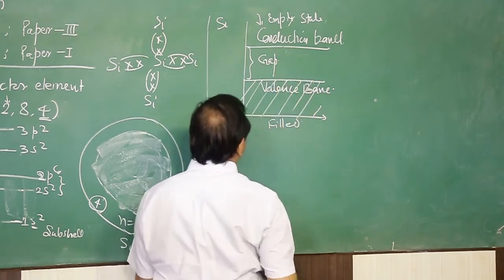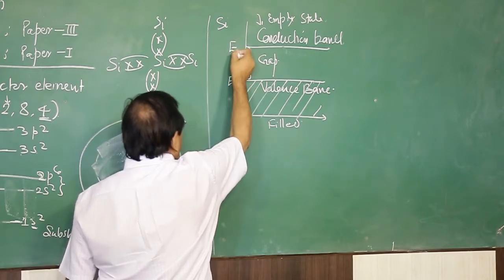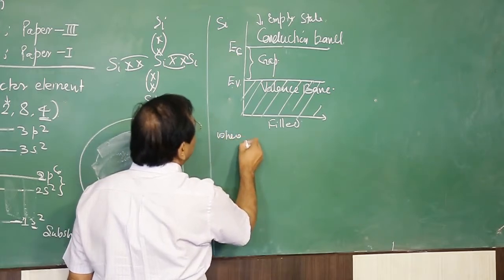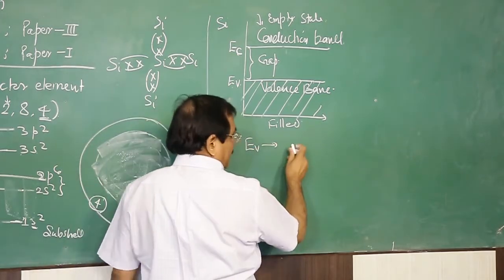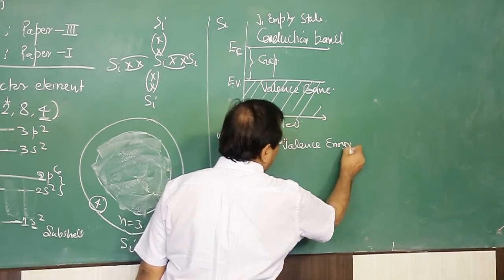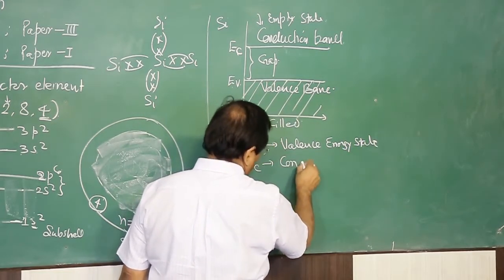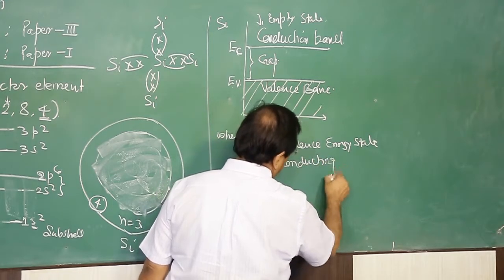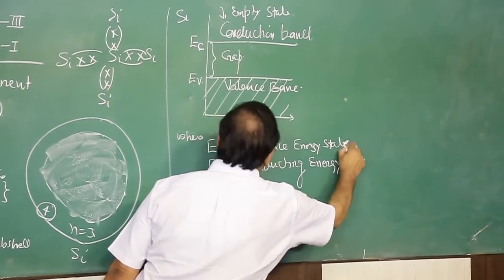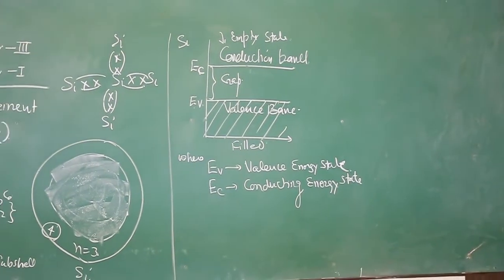This is the gap. So, if we express it in terms of energy, then EV is the valence energy state, and EC is the conducting energy state.